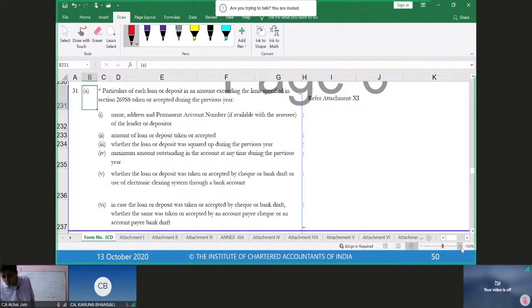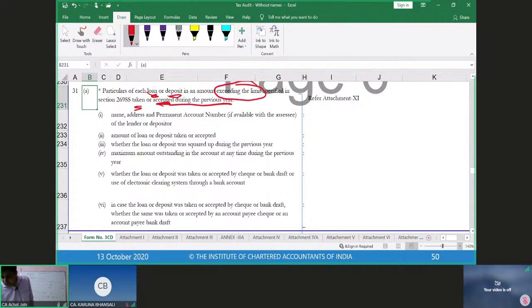It indicates loans or deposits which are taken or accepted during the previous year, and they are exceeding the prescribed limit. Such types of loans or deposits are required to be reported over here. The details of such loans or deposits are required to be furnished over here.